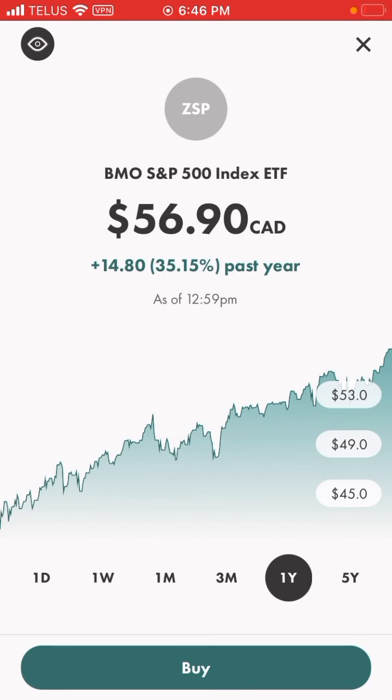Because of that, ZSP has returned less compared to the actual S&P 500, because the US dollar has become weaker. But on the other hand, if in the future the US dollar becomes stronger compared to the Canadian dollar, ZSP will outperform the S&P 500 by how much the US dollar has gained compared to the Canadian dollar.